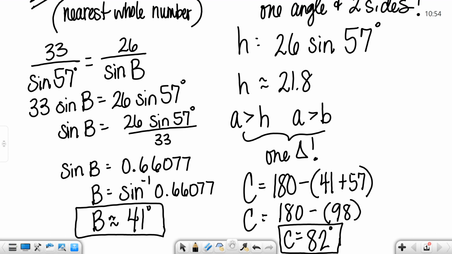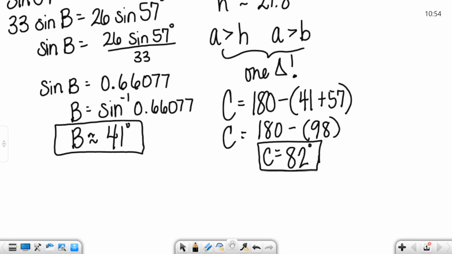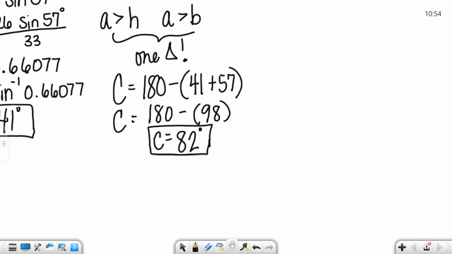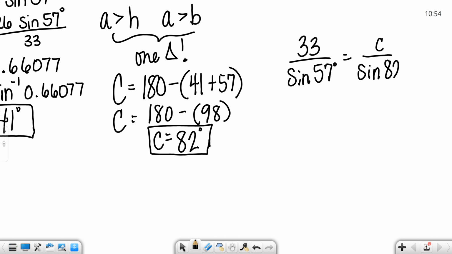Now I have to find little c. I'm going to go back to the information I was given. Little a over the sine of A is equal to little c over the sine of C, which we just found was 82 degrees. Now cross multiply, do all my algebra first.